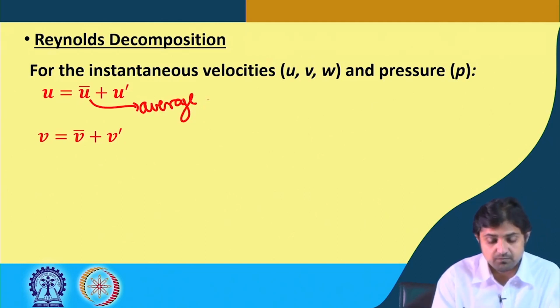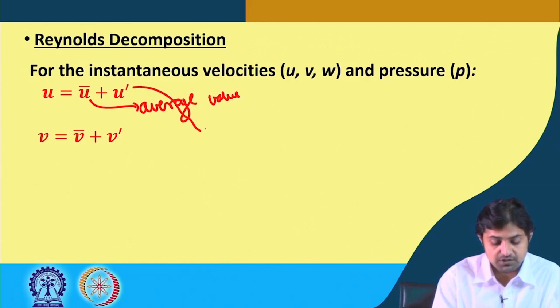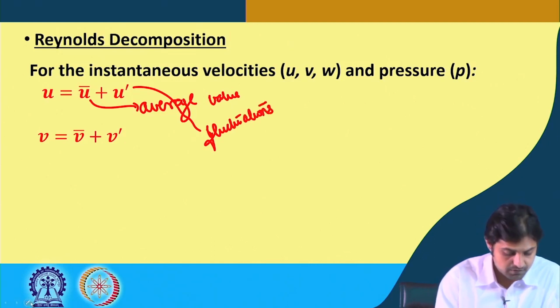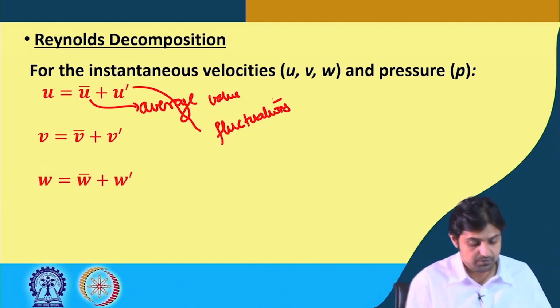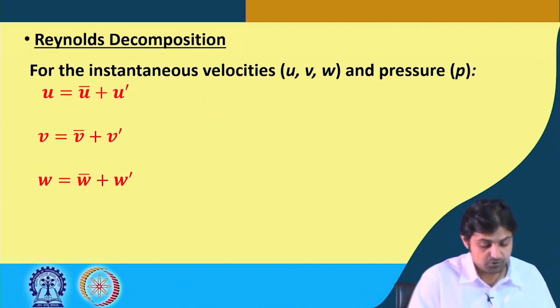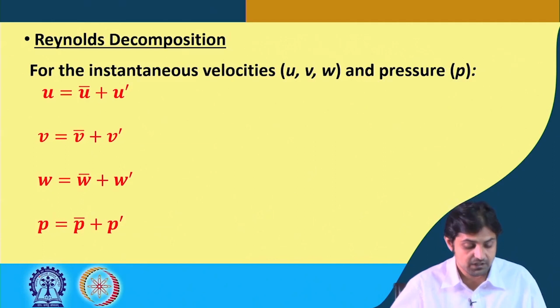Whatever is under the bar denotes the average value, and whatever is with the prime indicates the fluctuations. Similarly, w is written as w bar plus w prime, and pressure is written as p bar plus p prime.